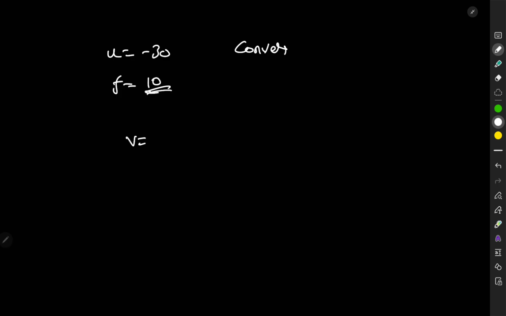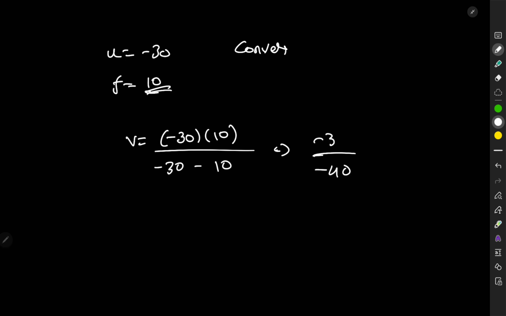Similarly we put the same formula. There is no formula difference for concave and convex. For both there is the same formula, which is minus 30 into 10 by minus 30 minus 10. Minus 40, minus 300 gets cancelled, it will come like 7.5.